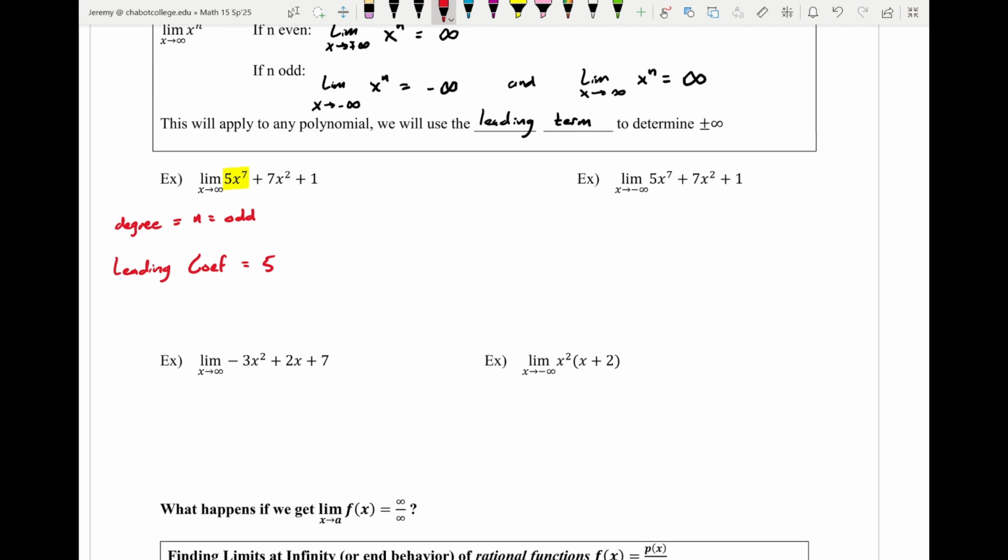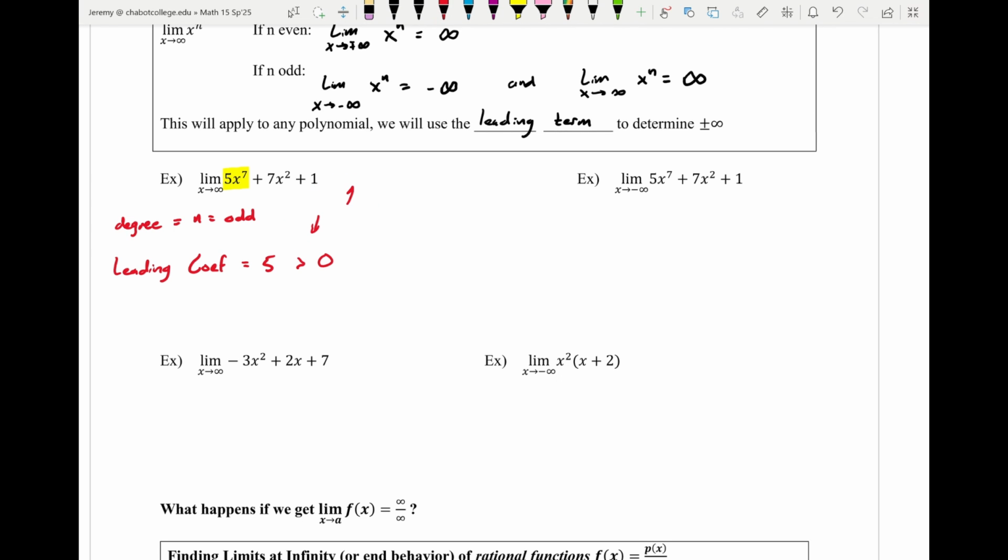And the important thing to note here is that this is positive, right? It's greater than 0. It's a positive number. So since the degree was odd, I know that the behavior either looks like this or it looks like this. But since I have a positive leading coefficient, I know it's going to be this first one.